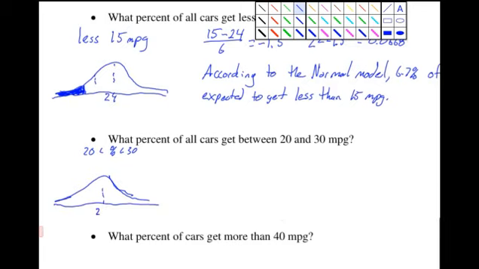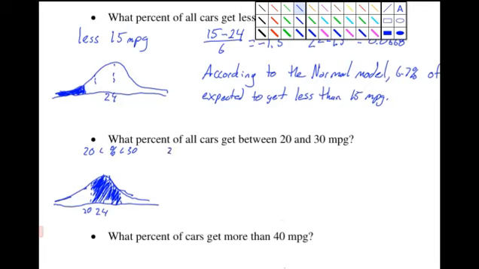So 24, 18 is right there at the inflection point, so 20 is right about there. 30 is one standard deviation away, so that's a little further over there. So this is between. We need to find two values. We need to find a z-score for 20 miles per gallon and a z-score for 30 miles per gallon. So let's go ahead and do that.